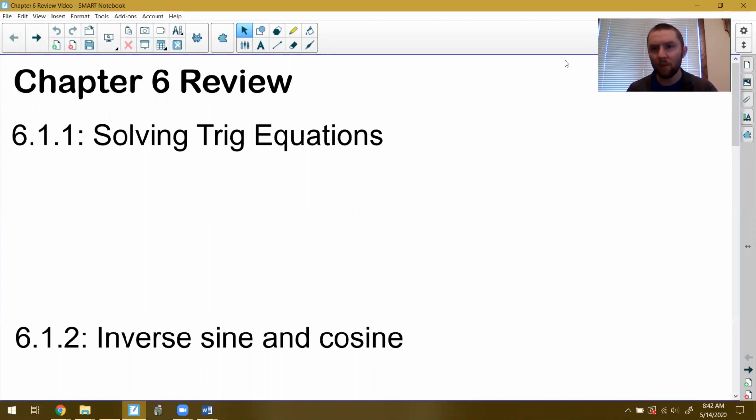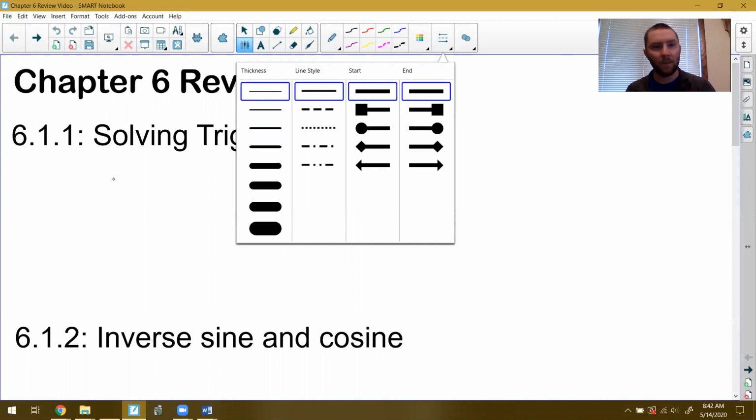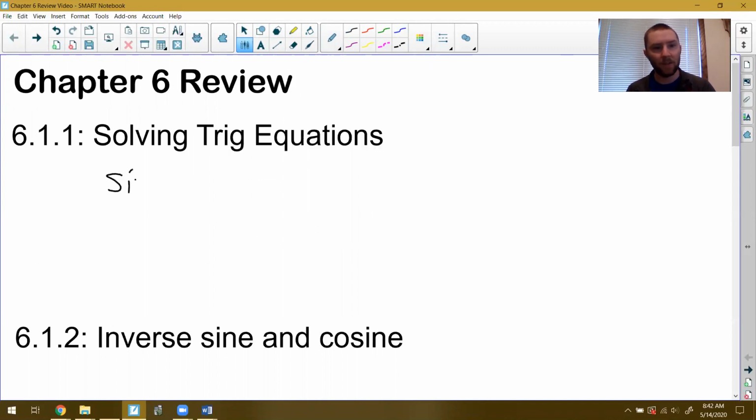To start off with in Chapter 6, we brought ourselves back to the unit circle, and we started talking about solving trig equations in the first section just from our unit circle. So we were solving trig equations that look something like this. Maybe the sine of x is equal to 1/2, right?